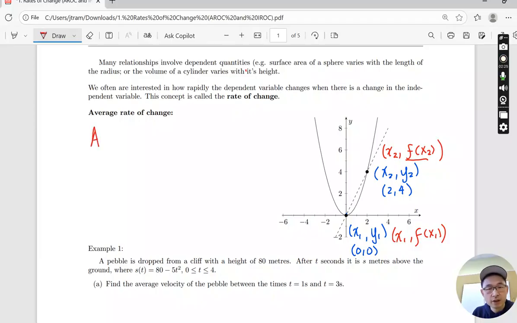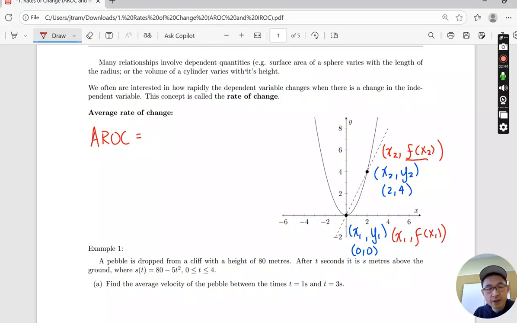So we're going to call this AROC, okay, for average rate of change, is equal to, so if you look at the two given points there, and we connect those two points, so we're looking at the rate of change between those two dots of this parabola. Okay, by connecting those two dots, you can see we have drawn a dotted line.